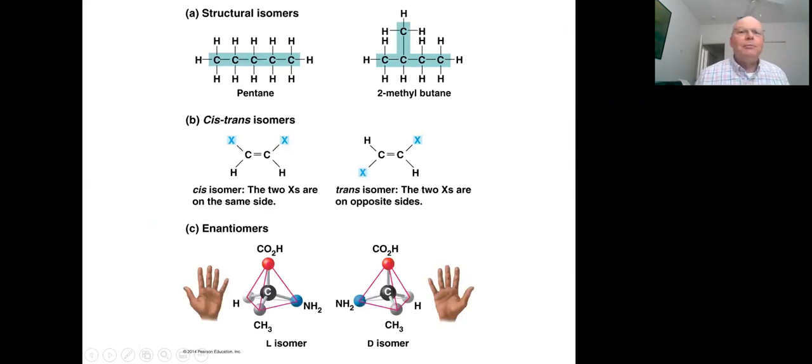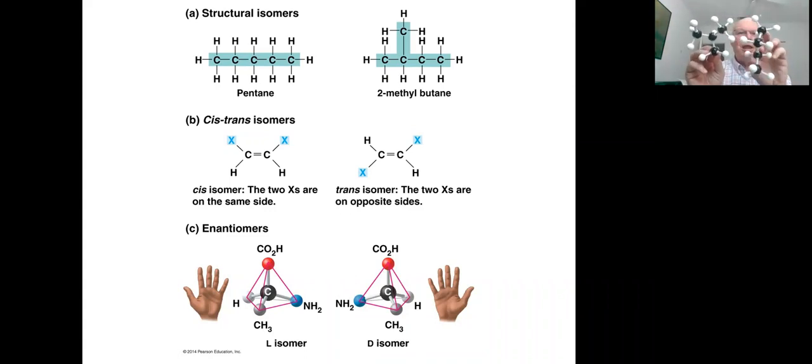So here's another example of a structural isomer, but let's just take a look at the two that we're already familiar with. So here's the linear version of butane, and here is the isobutane or 2-methylpropane. So again, we have a common chemical formula, C4H10, 4 carbons, 10 hydrogens, which we demonstrated when we first looked at these molecules.